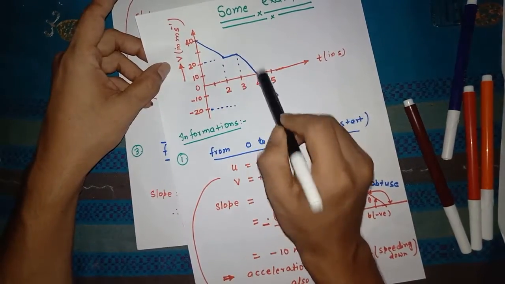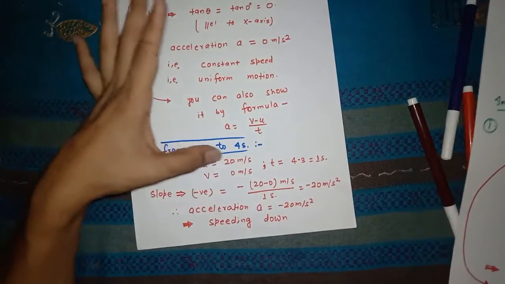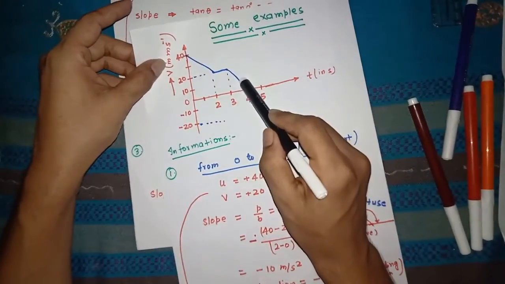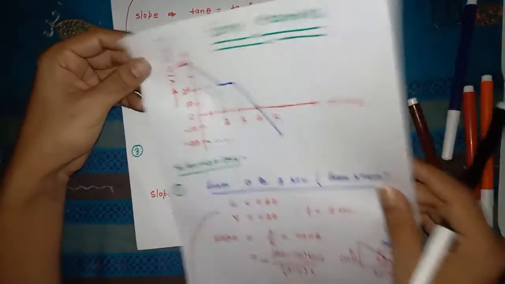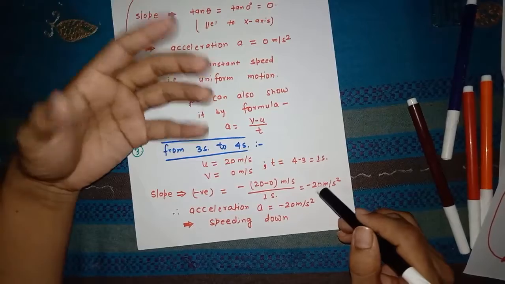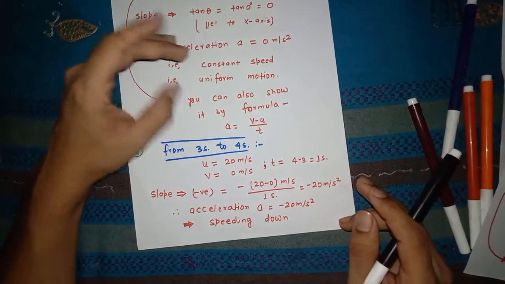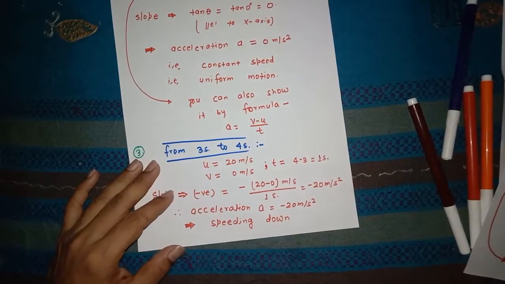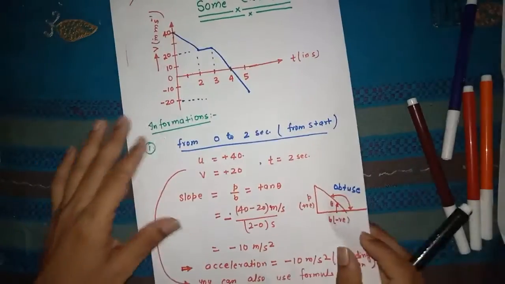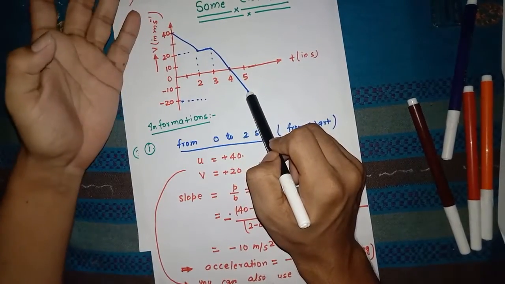That means it is negative, because it still has an angle, an obtuse angle. That's why slope is negative, and the acceleration is minus 20 meter per second squared. That means it is slowing down in that segment. Now during 4 to 5 second, you can see here the direction is reversed, and time is 1 second, and P by B you can calculate by slope.